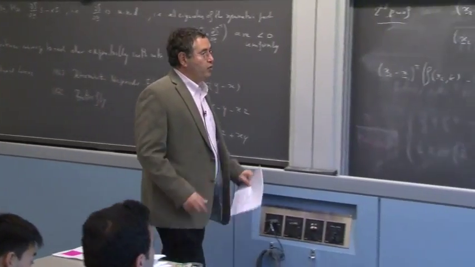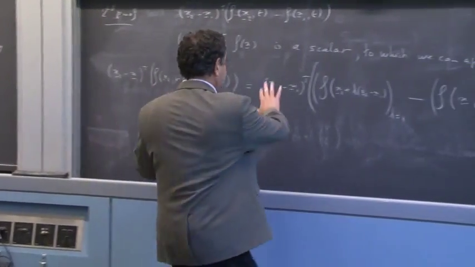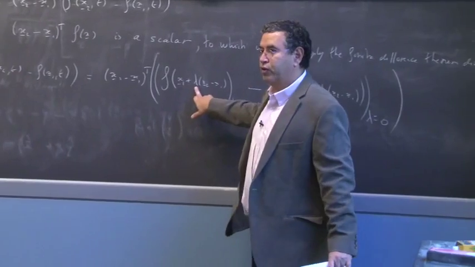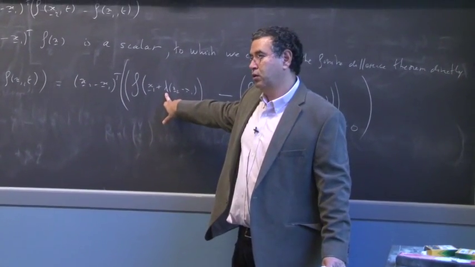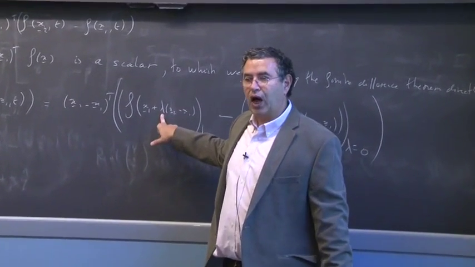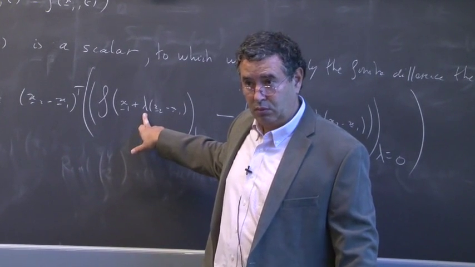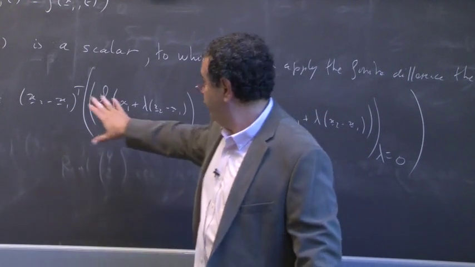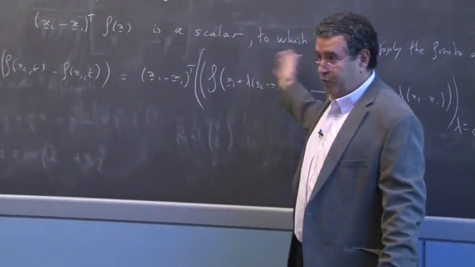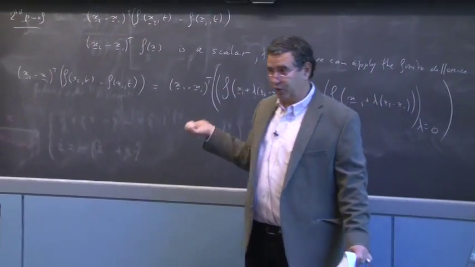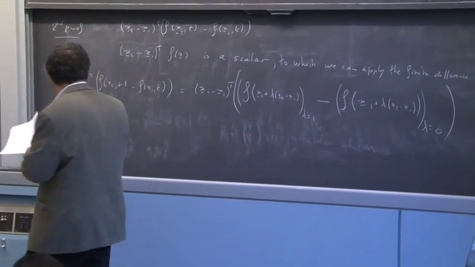Now, why am I doing this? Okay, because now we have a scalar which depends on another scalar lambda, so we can apply the finite difference theorem to it. All right? Now we have this scalar which depends just on another scalar lambda which varies between 0 and 1, so we can apply the finite difference theorem to it, okay?